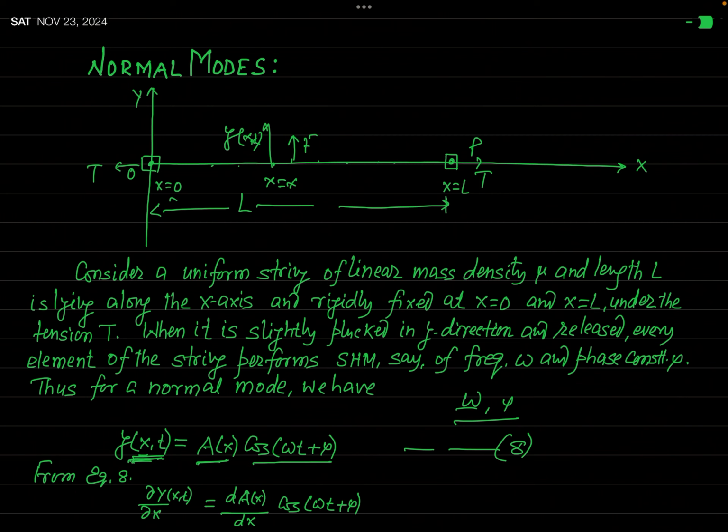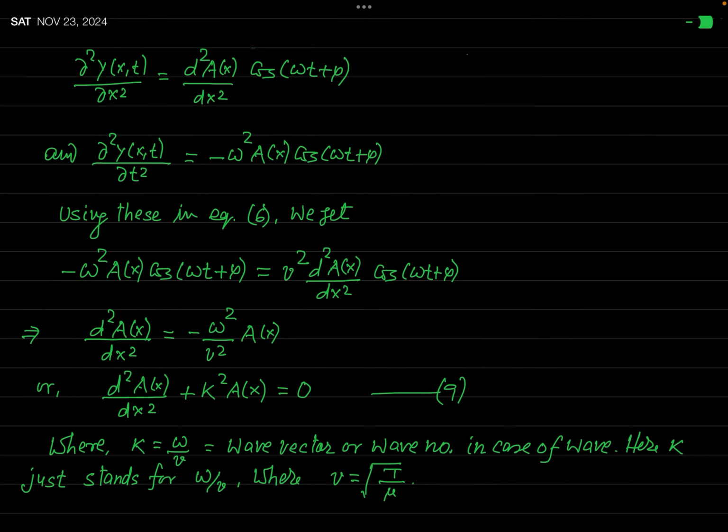See this equation. When you find del y by del x, it means you have to keep t constant. So keeping t constant, this will be equal to dA by dx times cosine of omega t plus phi. But you have to find the second order derivative, so again differentiate it with respect to x partially.